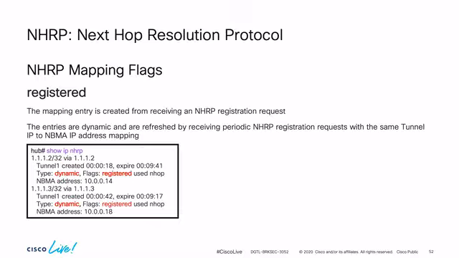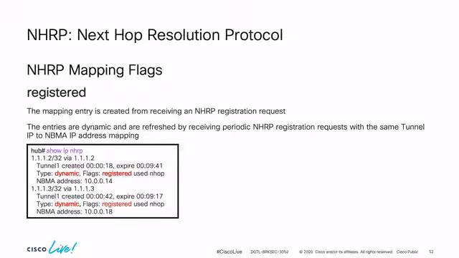These entries are dynamic entries, and they are refreshed when you get periodic NHRP registration requests with the same tunnel to NBMA address mapping. When you get periodic registration requests from the same spoke, it would show that this particular entry is already registered. This is a flag which is related to the IP NHRP holdtime.